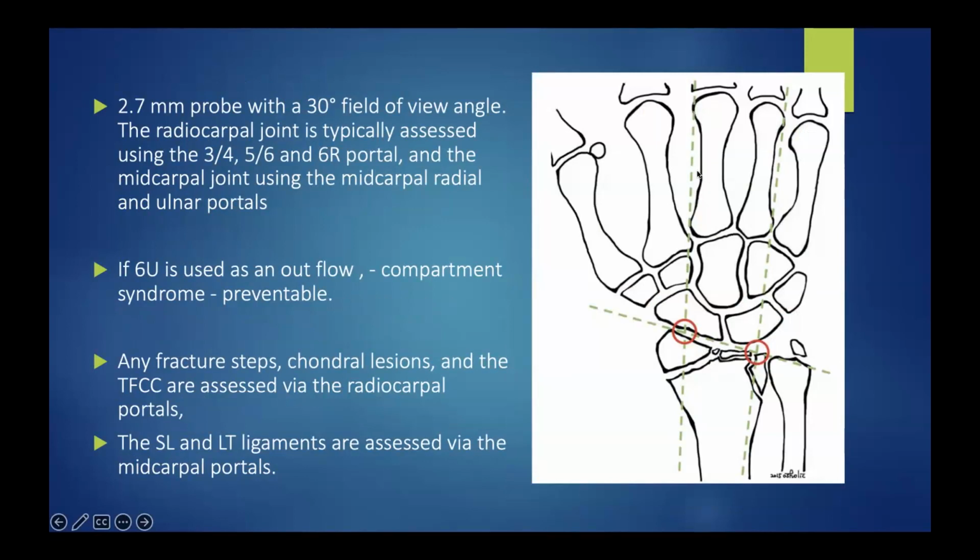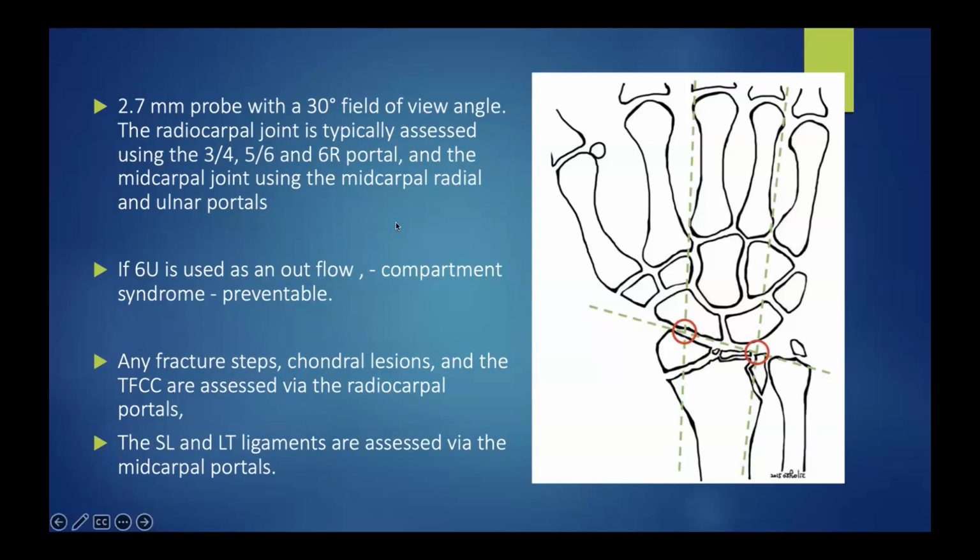We draw a line radial to the third metacarpal and a line radial to the fourth metacarpal, and where it intersects with the radial inclination line is the point at which we use the 3-4 portal and the 6R portal. Because of the nature of these distal radius fractures with a lot of swelling, the portal placement can be difficult, and this is a valid method we can use.